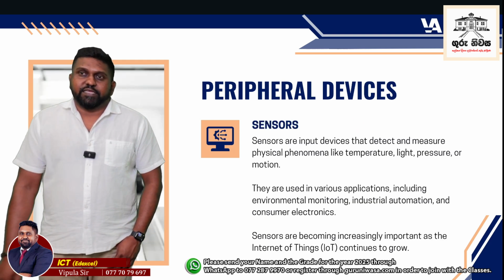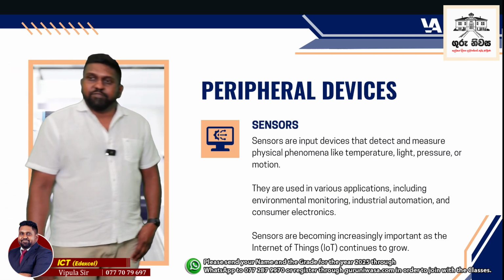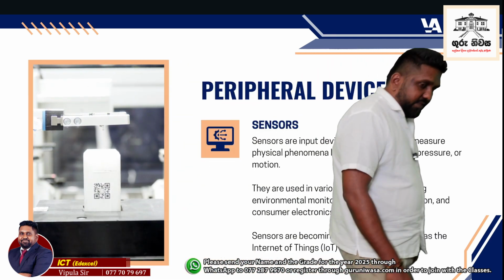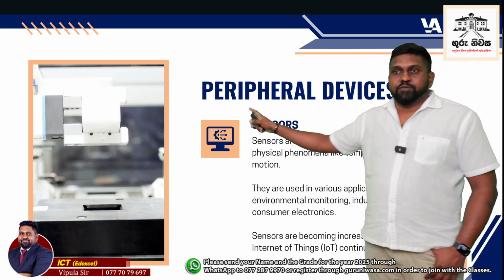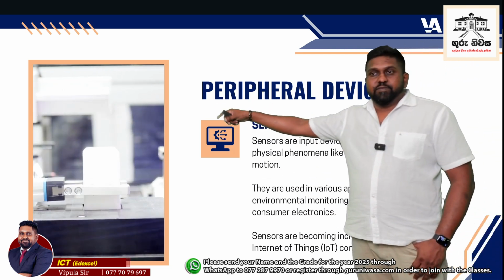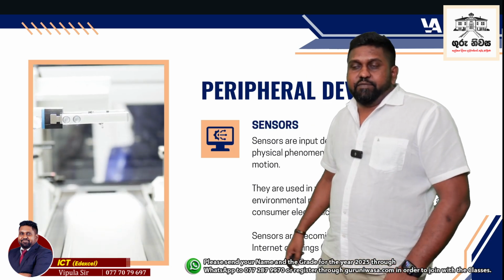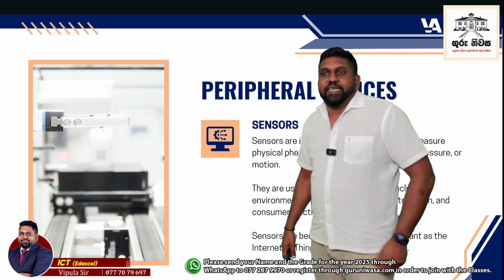And then sensors. We have a lot of different types of sensors. Primarily, why do we need a sensor? A sensor is something we use to capture a specific input from a location or from some sort of action, right?